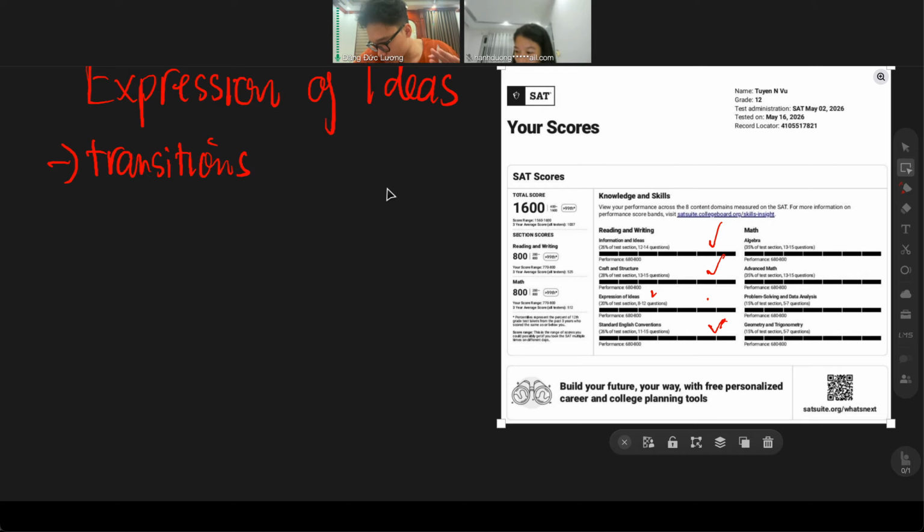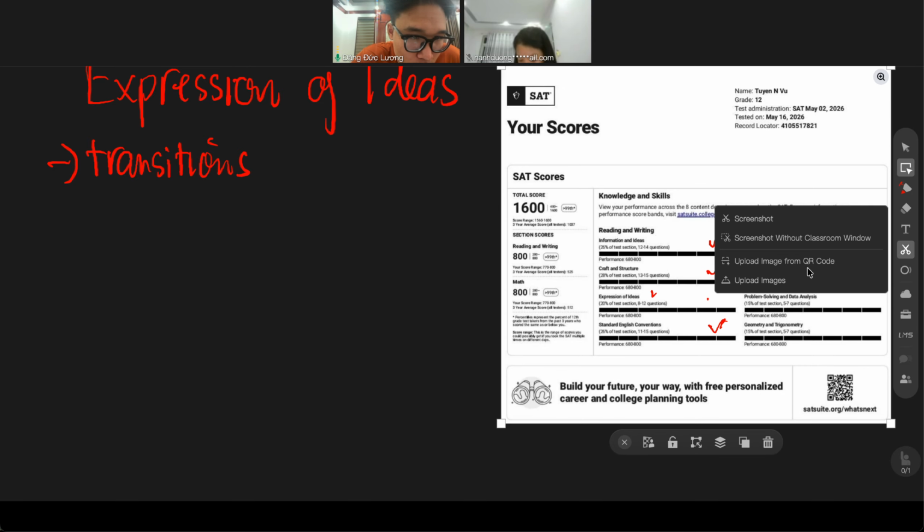For that kind of question you will have to understand the interconnection, the relationship between the sentences in the text, and find the right conjunction to fill in the blank.